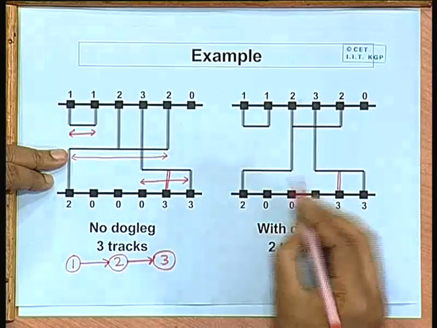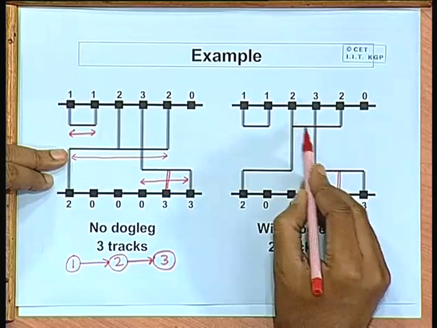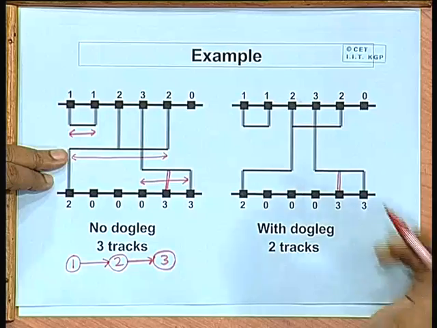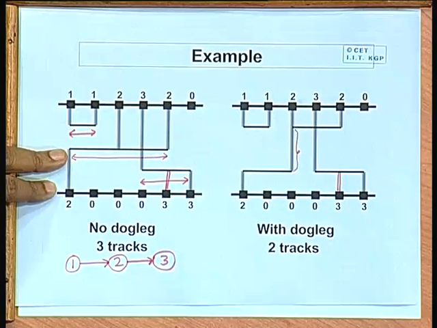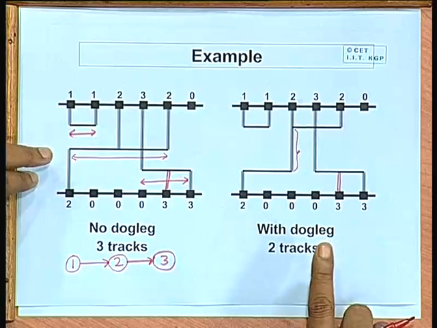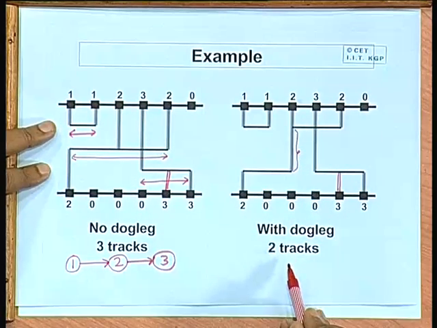So, a part of net 2 is assigned to the same track as 3 and a part of net 2 is assigned the same track as 1. So, here you have a dogleg, this is the dogleg junction. So, doglegs can reduce the density of the channel in terms of the number of tracks.